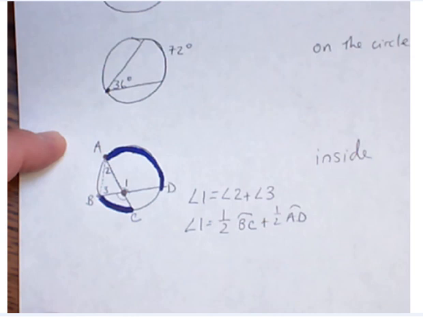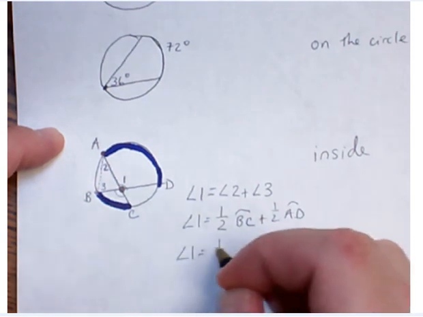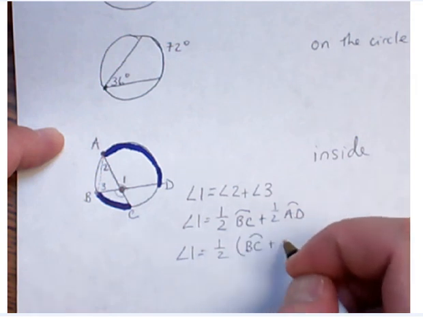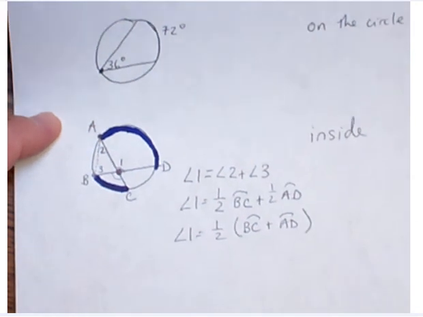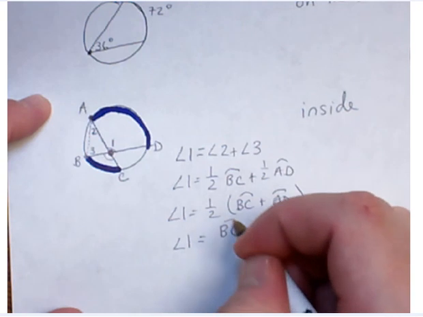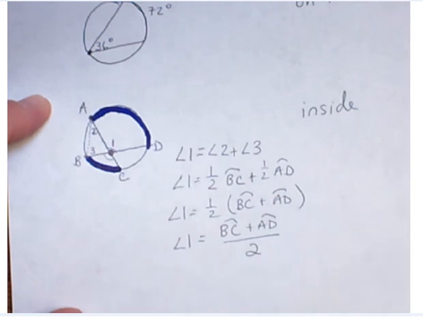Now let's clean this up a little bit here. You could factor out the 1/2. So it's 1/2 times arc BC plus arc AD in parentheses. And instead of multiplying by 1/2, let's just add the arcs and divide by 2.